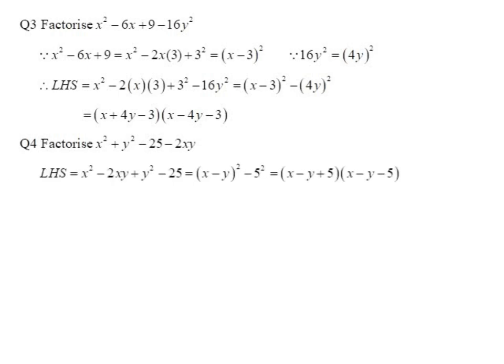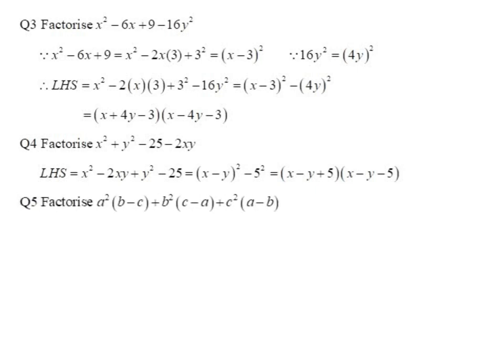Based on the observation, the three terms x², y², and −2xy can be factorized as a perfect square. It is (x − y)², while 25 is just 5². So we rearrange this expression and then proceed with factorization as displayed here.